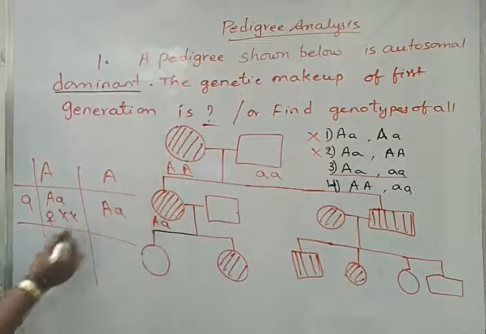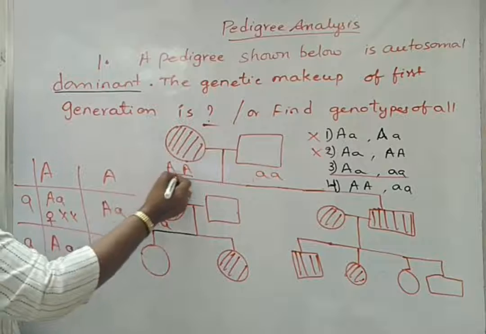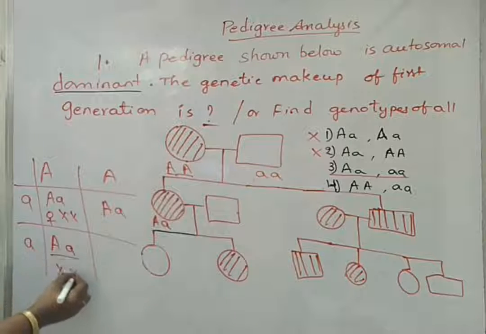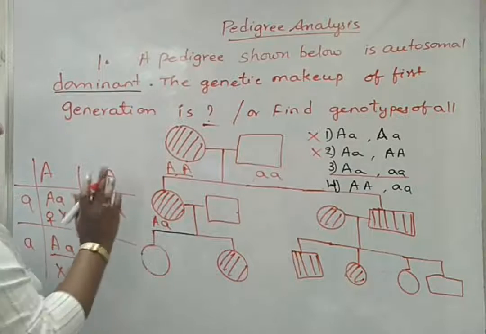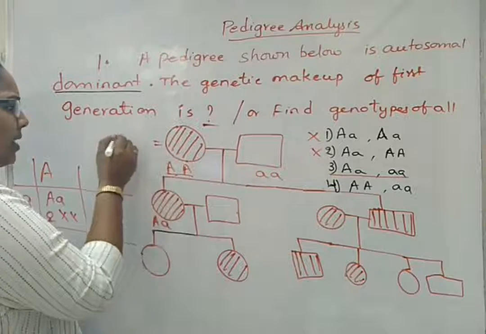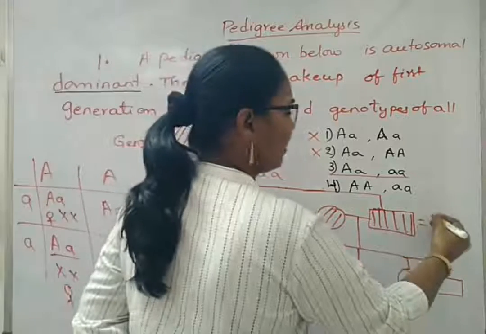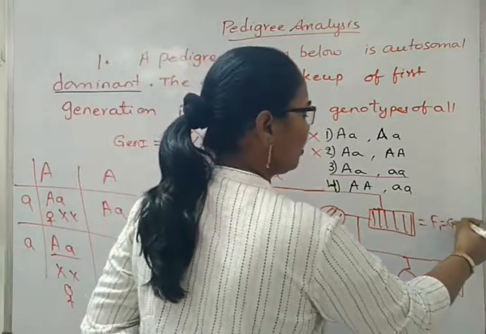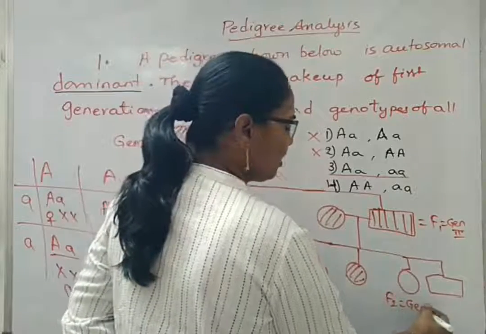But what about the female? The female is expressing the disease in the first generation only in the presence of two dominant alleles. But here, the female got only one dominant allele, and still the diagram shows the female expressing the disease. I already told you that the parents are considered as generation 1, the F1 generation is considered as generation 2, and the F2 generation is considered as generation 3.